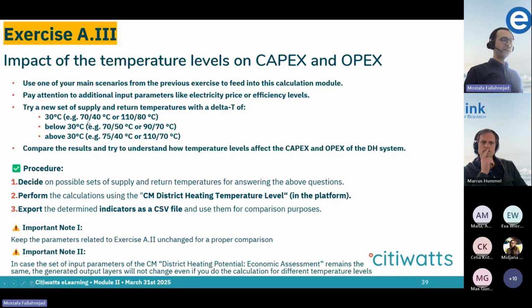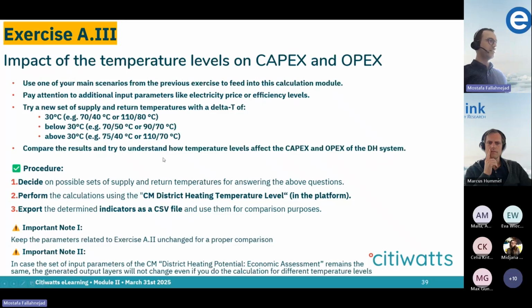What would be the impact on CapEx and OPEX if I have the same delta T but different temperature levels, or below 30 or above 30? That's the whole idea, and try to understand what the impact on CapEx and OPEX is.